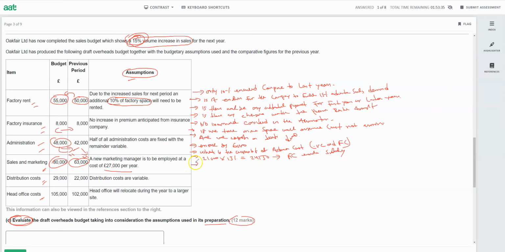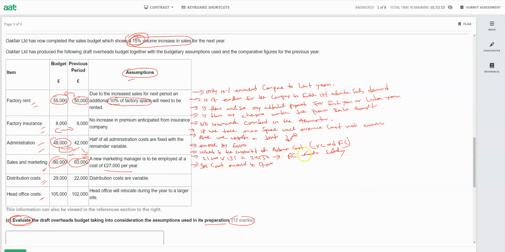So we need to say from 63 to 80. 80 minus 63, 17,000. So sales and marketing cost increased by 17,000. You can show the percentage if you like. That will give you some mark as well.